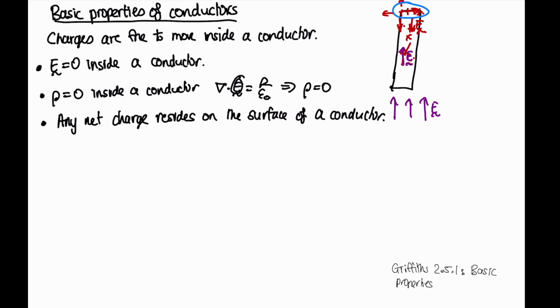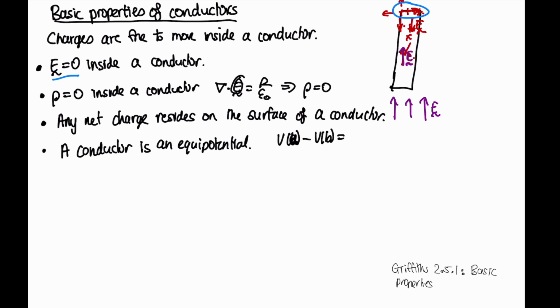Okay, another point is that a conductor is an equipotential. And again, this comes about because the electric field is equal to 0 within the conductor. So we know that the potential difference between A and B, well, let's call it VA minus VB, is equal to minus the integral from A to B of E dot dl.